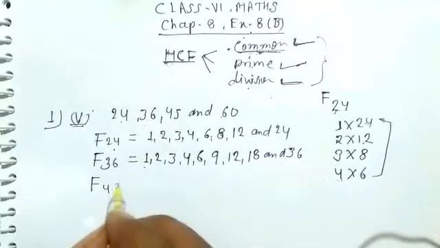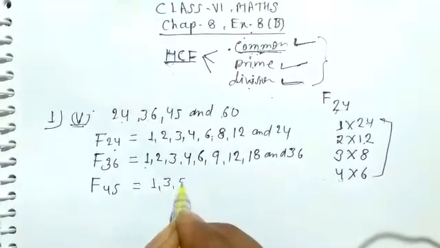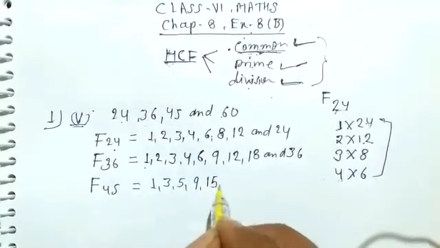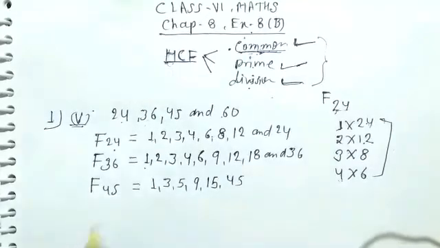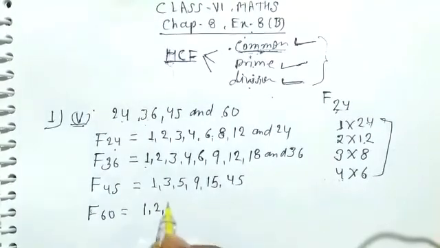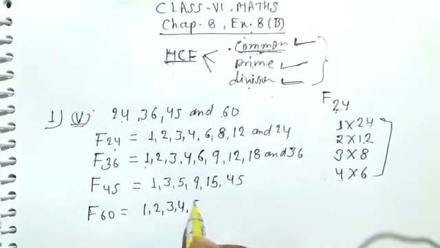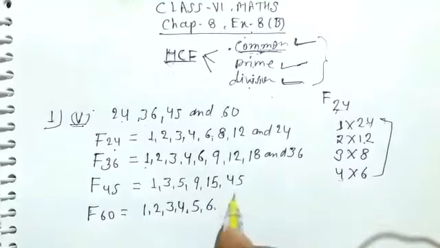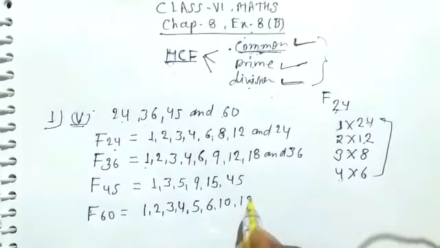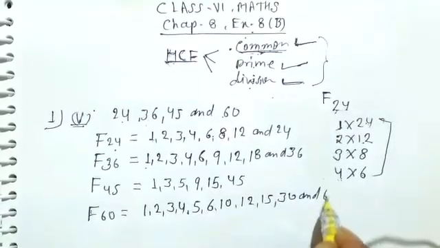Then the factors of 45 are 1, 3, 5, 9, 15 and 45. The factors of 60 will be 1, 2, 3, 4, 5, 6, 10, 12, 15, 30 and 60.